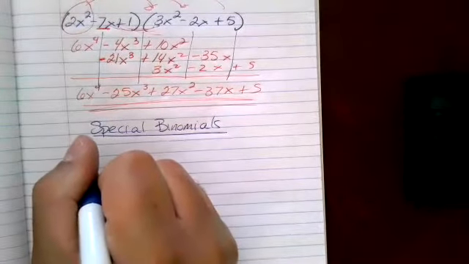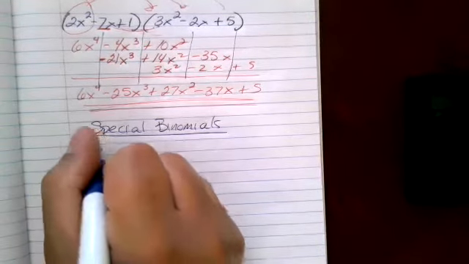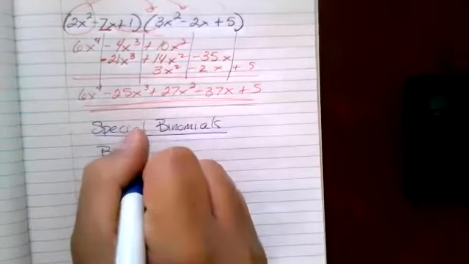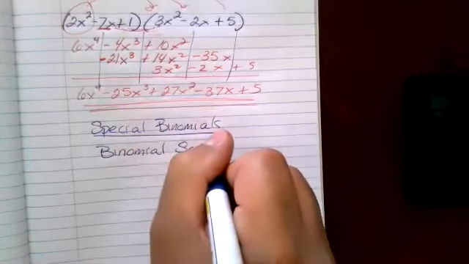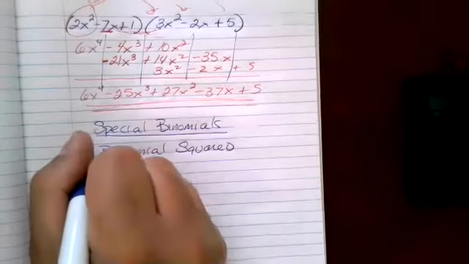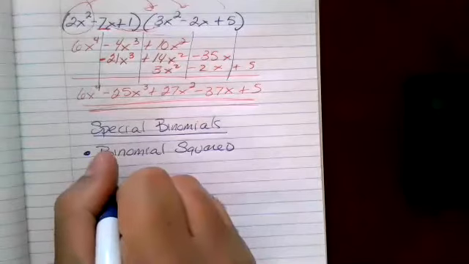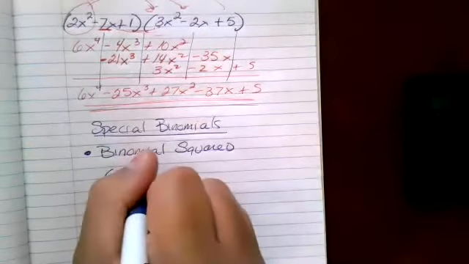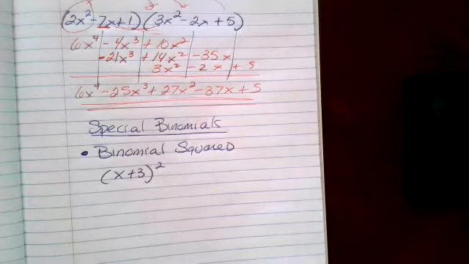There's two shortcuts, and if you can identify them, it'll save you a lot of time. So if you have a binomial squared, this is the first one. If we have something like x plus 3 squared, there's two ways we could approach this.